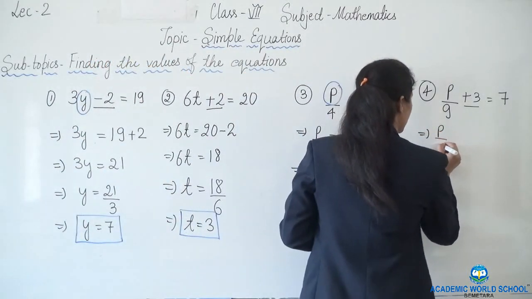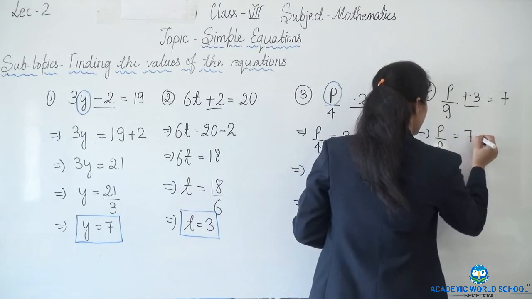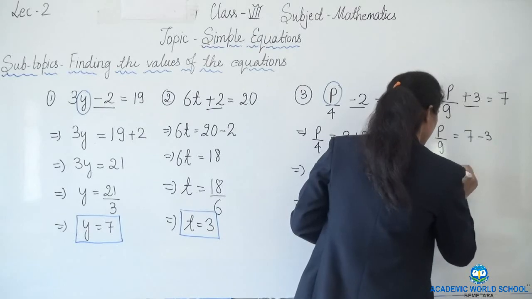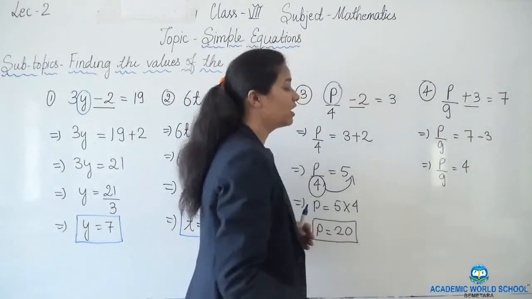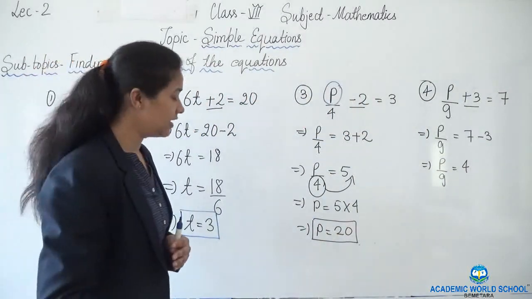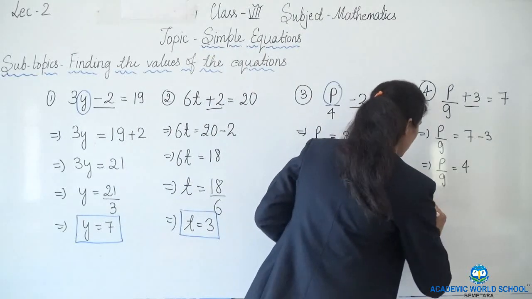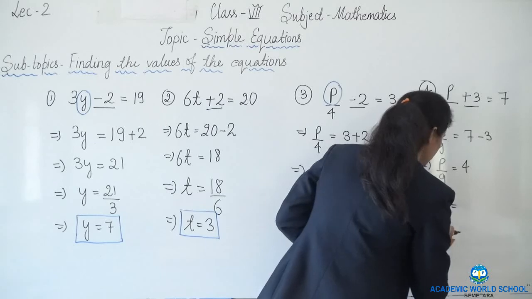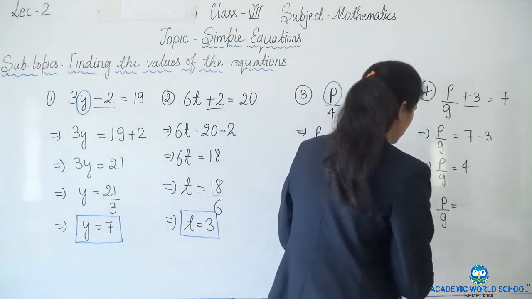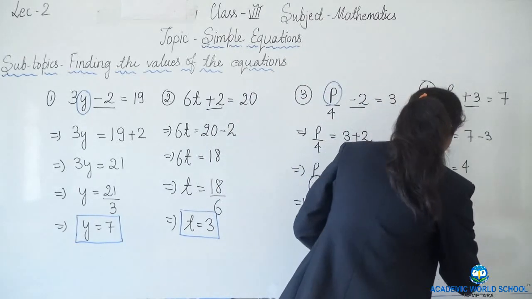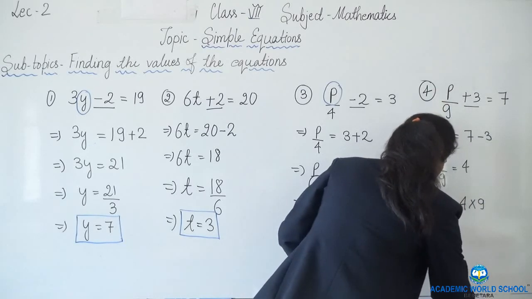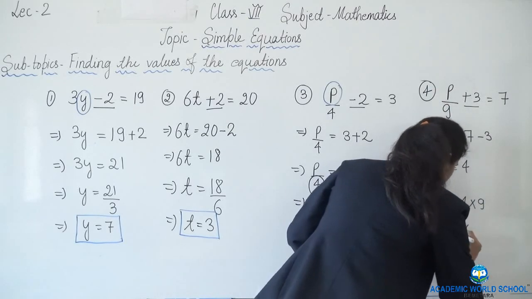So P upon 9 equals 7 minus 3, which is 4. Now we have reduced the question. So P equals 4 into 9, that is P equals 36.